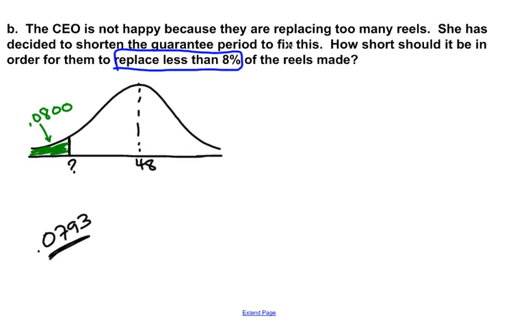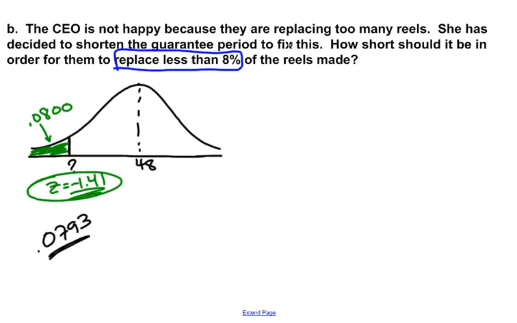So we will find that in the table, and that is a z-score of negative 1.41.